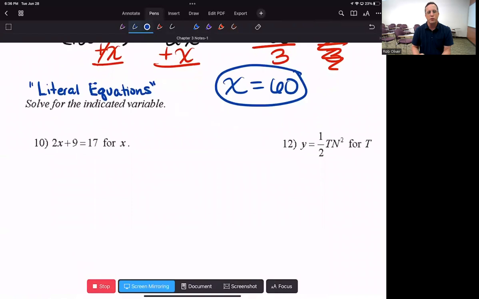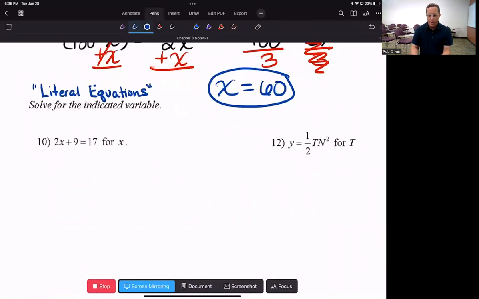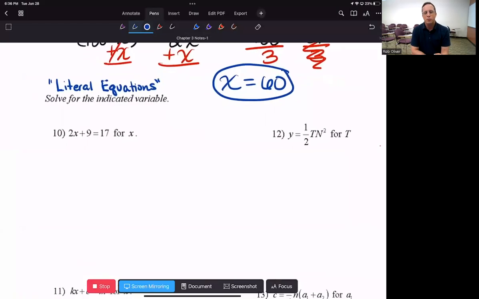What you're doing for literal equations is, it says solve for the indicated variable. In some respects, this is pretty abstract, but all we have to do is get the indicated variable by itself. For number 10, we want to get x all by itself. For number 12, we want to get t all by itself.